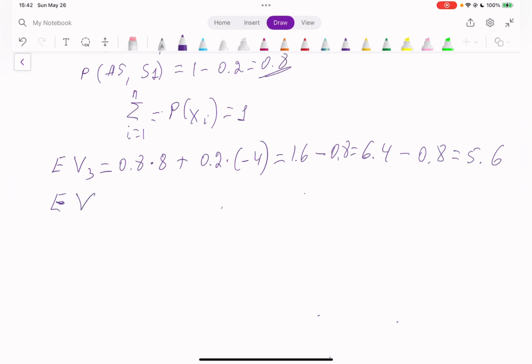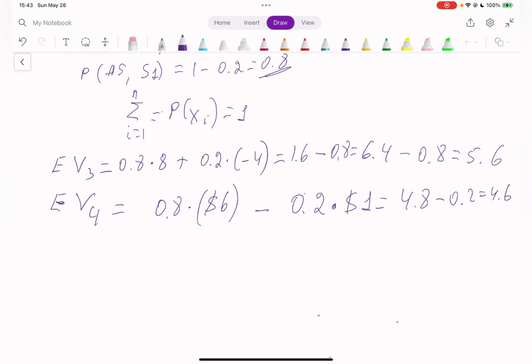So next one, evaluating for branch 4, I have for S1 probability 0.8 times $6, and then minus 0.2, because 1 minus 0.8 is 0.2, and because it's negative $1, I just put negative there already, times $1. Okay, and it's going to be 4.8 minus 0.2 equals 4.6.